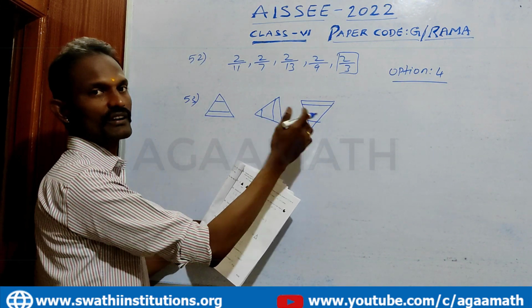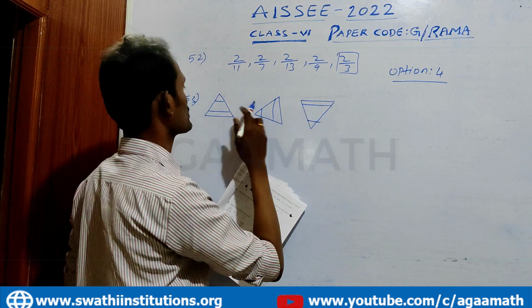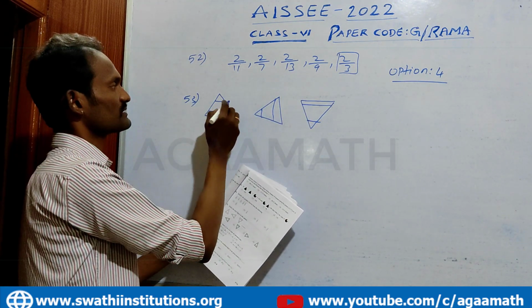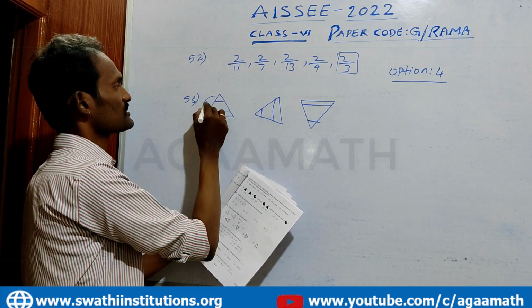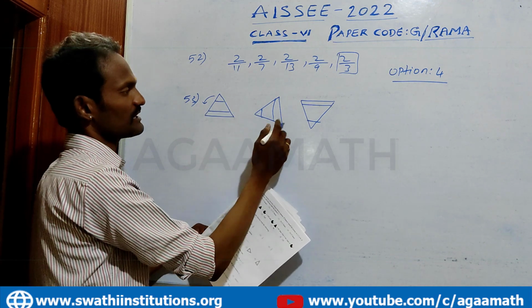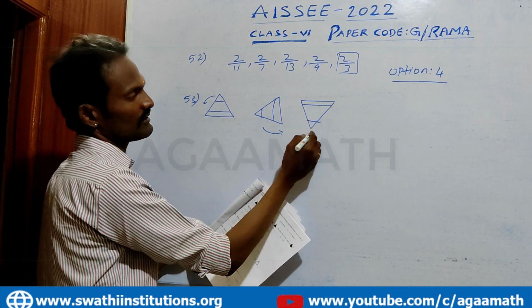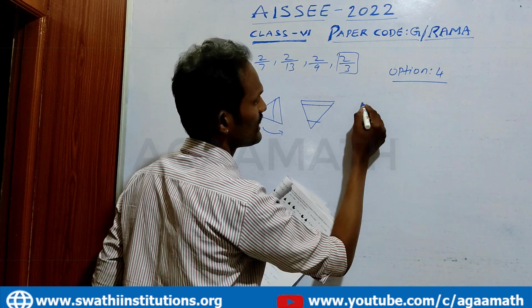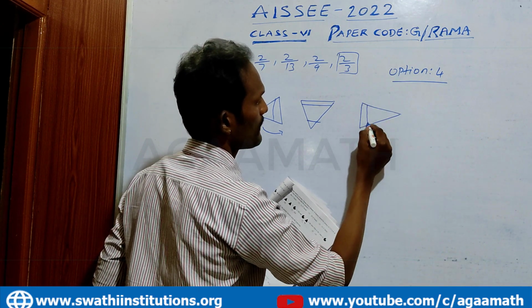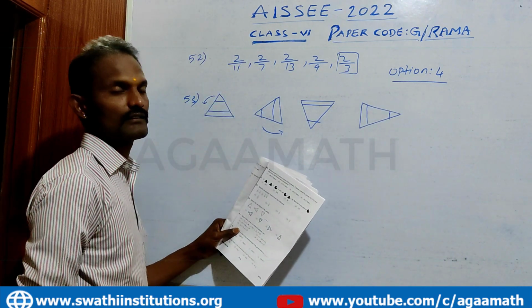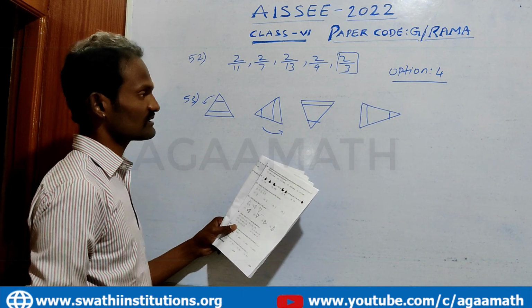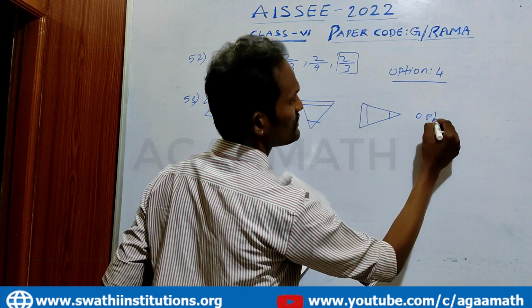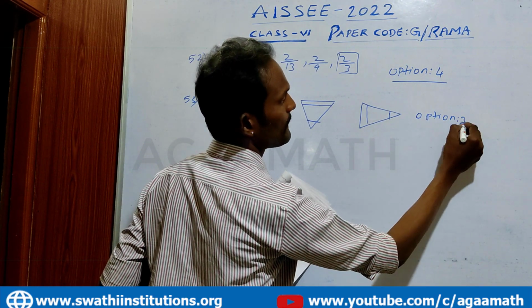I hope you understand very easily that the figure is rotating anti-clockwise. So it made a rotation this side, and again a rotation, and if you make another rotation, it would be like this. So that is option 3. Option 3 is the right option.